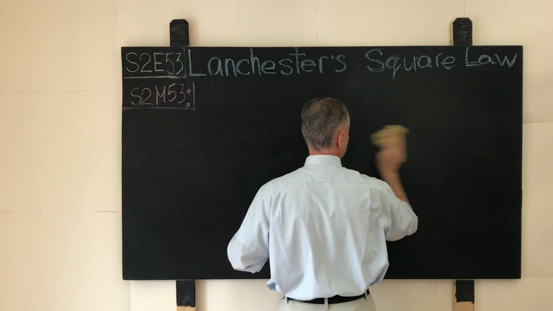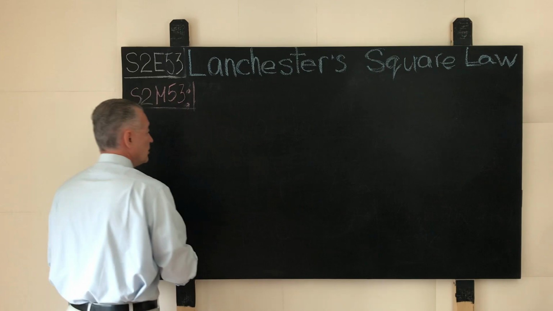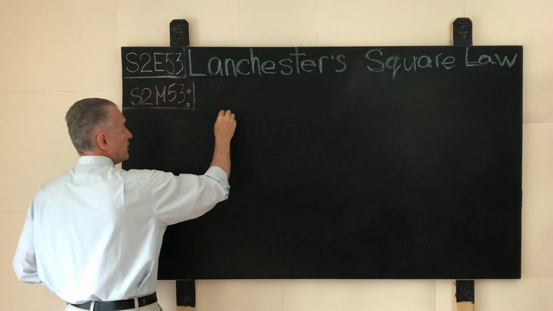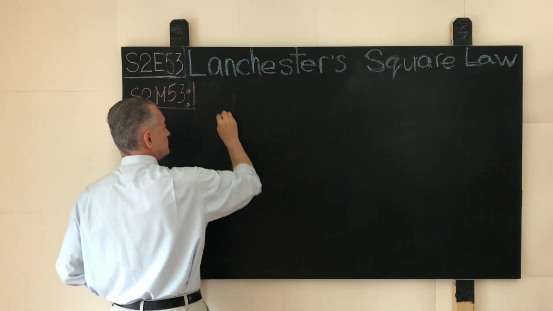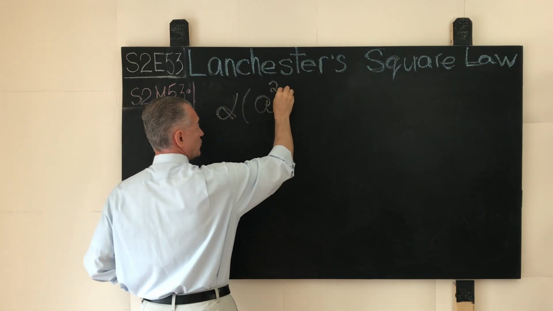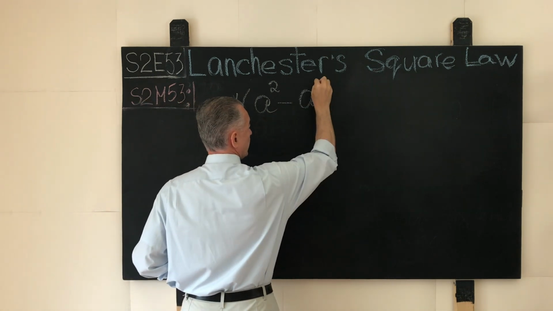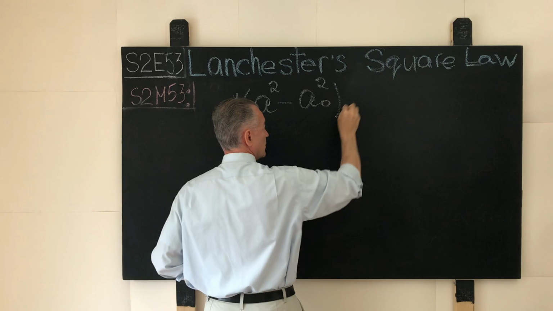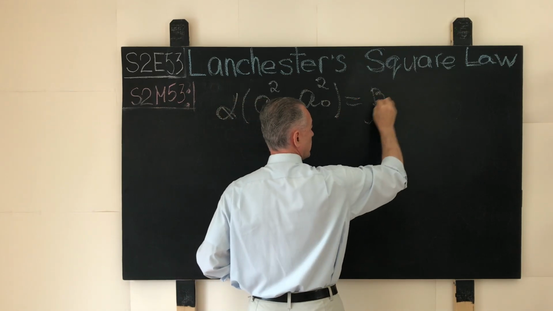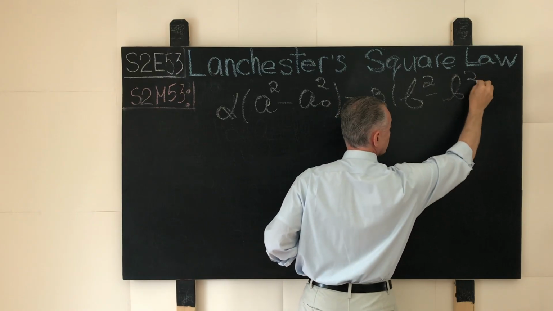Once you understand what is going on here, this is nothing complicated. What do we have? We have alpha on the left-hand side, and then a squared, the current value of the standing army A, minus a squared 0 is equal to beta times b squared minus b squared 0.